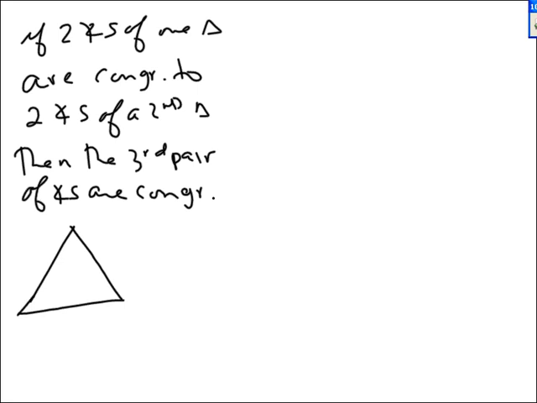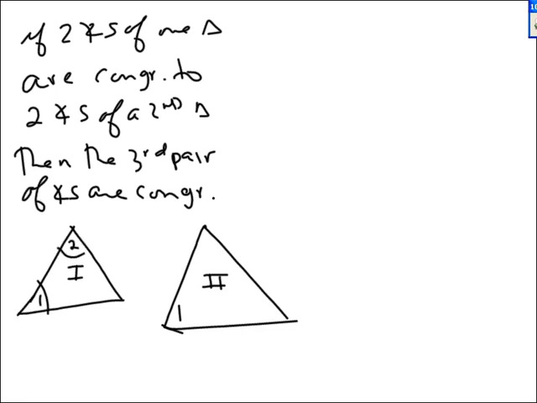So, basically we start with what they give us. They tell us we have two triangles, triangle 1, triangle 2. And they tell us if two angles of one triangle, say these two angles, are congruent to two angles of a second triangle.